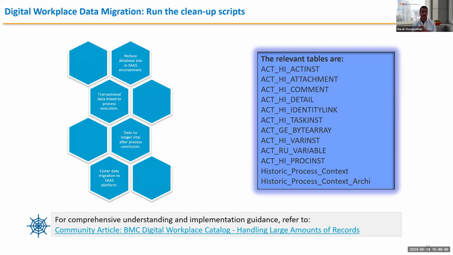So we strongly encourage you to work with your customer and get the data cleaned up. Again, don't clean up everything on these forms, because they will also have some data which will still need to be processed. That's why we have a utility, and why it's key to understand what you need to clean up. So please read the community article, and please do clean up this data before you do the migration.